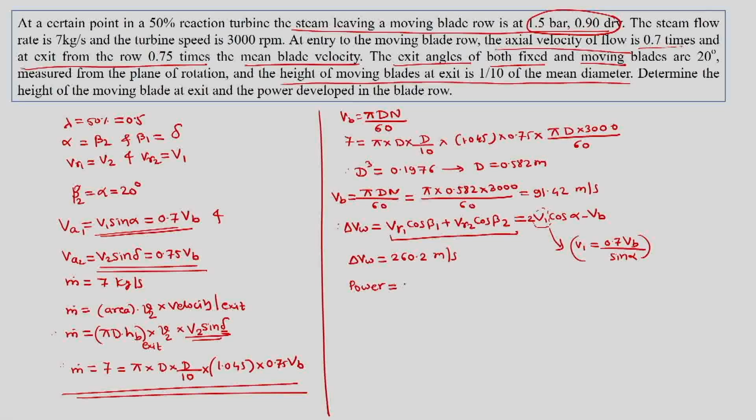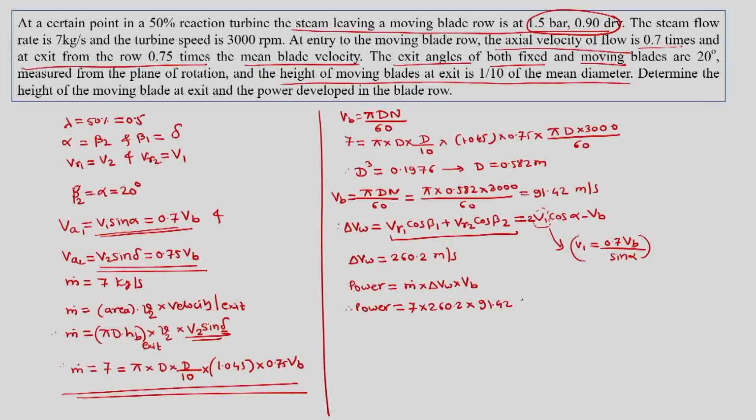and once delta Vw is known, we can find out power, since power is equal to m dot into delta Vw into Vb. So we get power, which is also called as diagram power, as m dot is 7, delta Vw is 260.2 and Vb is 91.42.